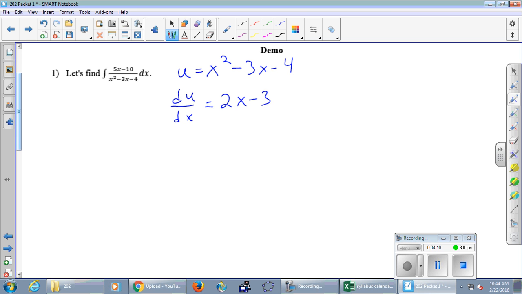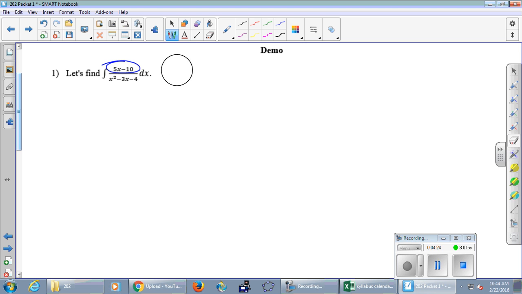Unfortunately, we can't do anything to 2x minus 3. We can't multiply it by some magic number to turn it into the 5x minus 10. It's just not going to work. Things will not cancel.